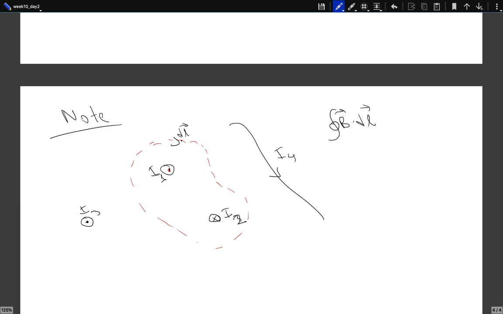This is a negative current because it's moving in the opposite direction, so that is actually minus I1. So if you evaluate B dot dl around this loop, it will be mu0 times the enclosed current, which is plus I2 and minus I1.